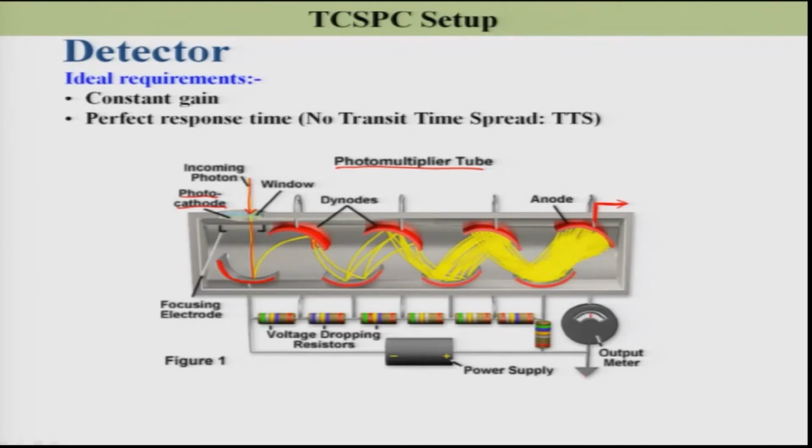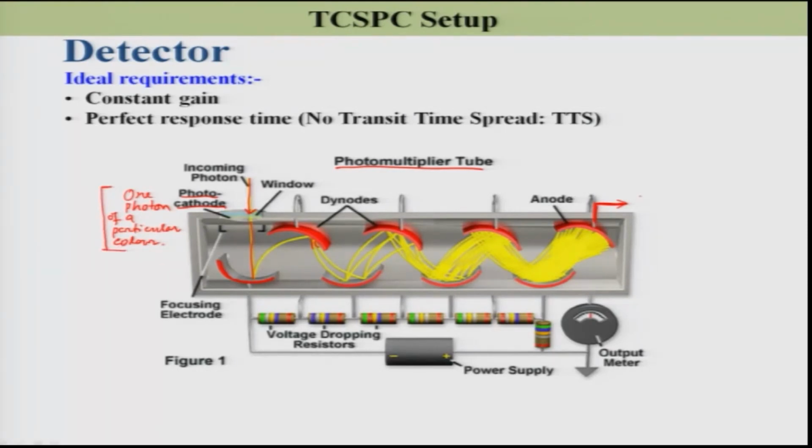Now, the question is, if one photon of a particular color falls on this photocathode. Here I am talking about one photon, particle nature, and color, wave nature. So, one photon of a particular color is falling on this photocathode.